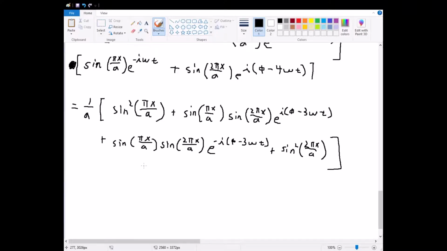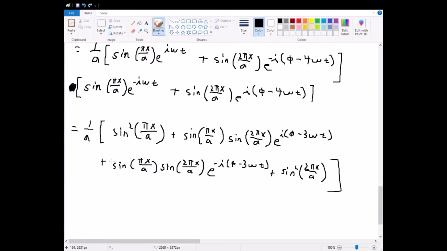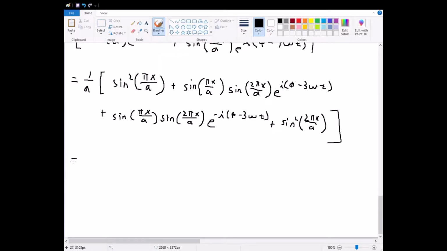So this is going to become 1 over a times, and we have the same thing at the front, sine squared of pi x over a. And we're going to distribute out the sine of pi x over a times sine of 2 pi x over a.